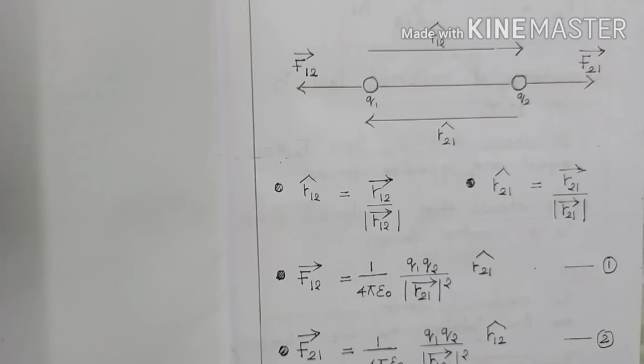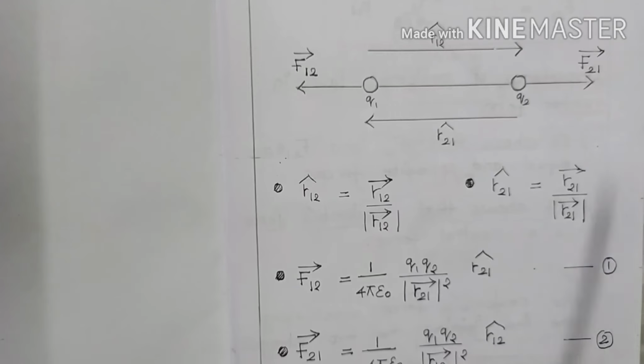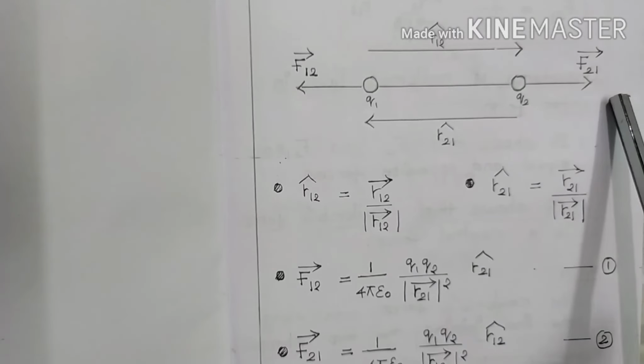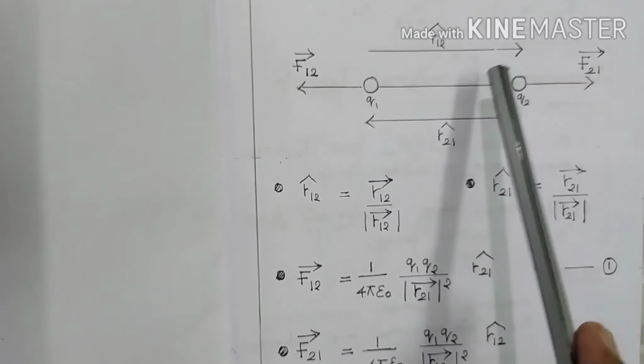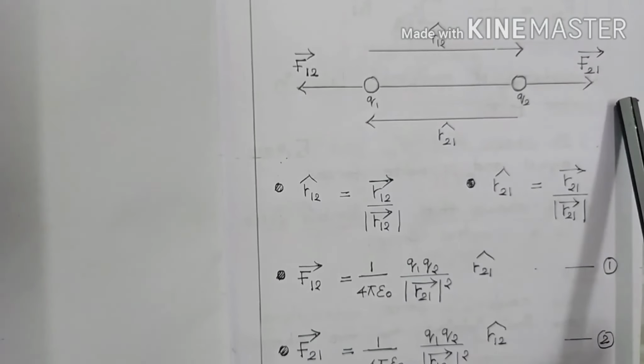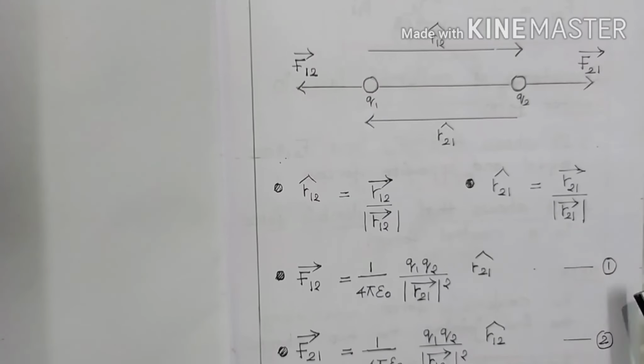Similarly, we have to write F21 vector also: 1 by 4 pi epsilon naught Q1 Q2 by the modulus of R12 vector whole square. Why? Here F21 vector and R12 unit vector, both of them are in the same direction. That's why we have chosen this. So this is equation number 1 and this is equation number 2.